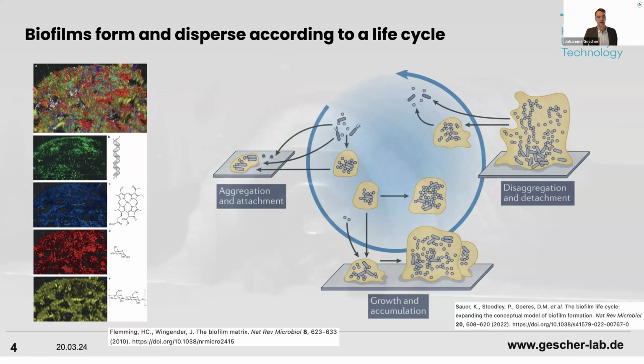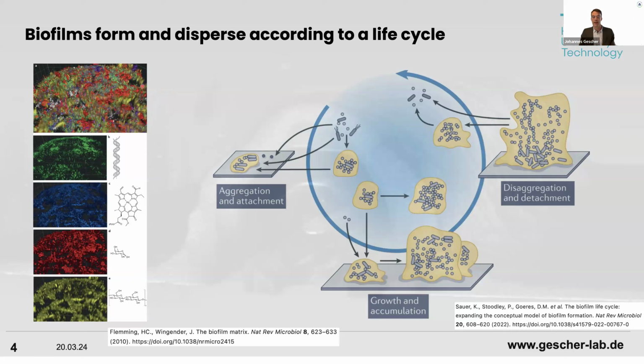In this multi-species biofilm, we have the organisms, and the organisms form something which we call EPS, extracellular polymeric matrix. So the organisms attach to a surface, and then they start to grow and they start to engulf themselves in a polymeric matrix, which consists of sugars, DNA, cellulose, and so on and so forth.